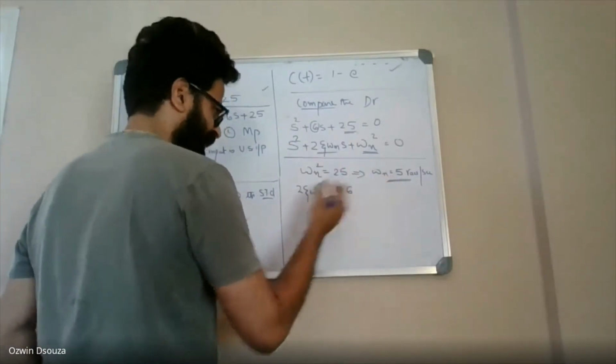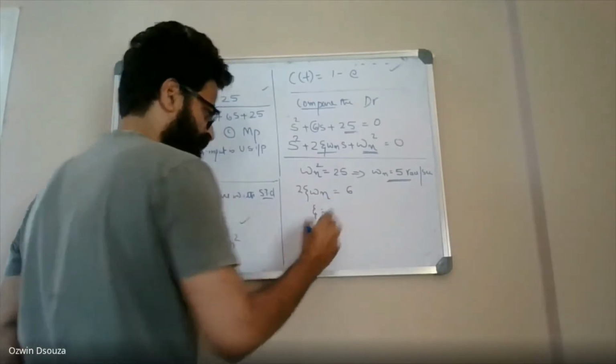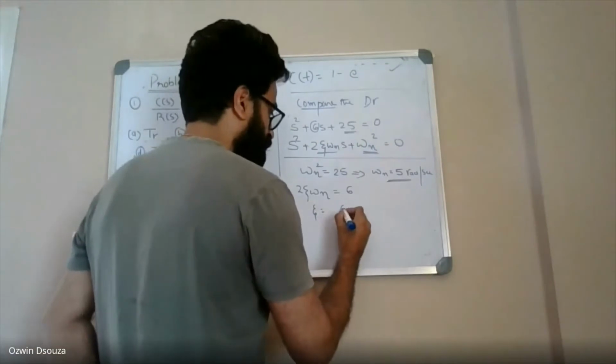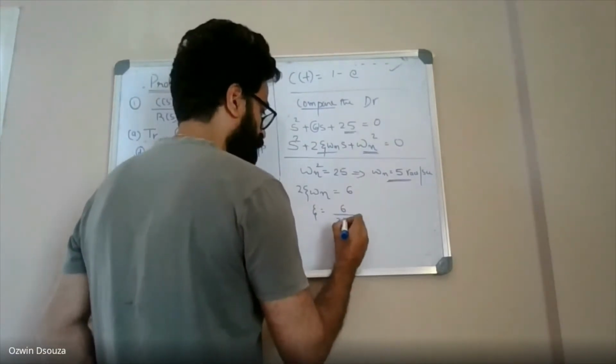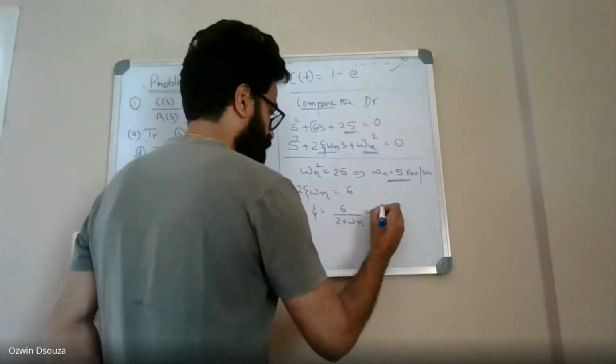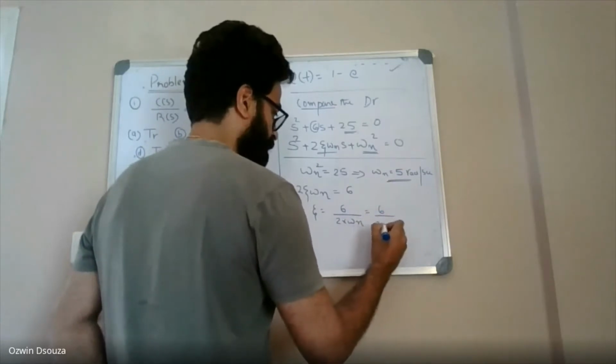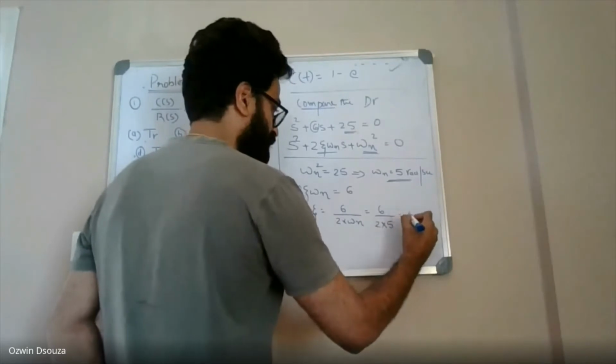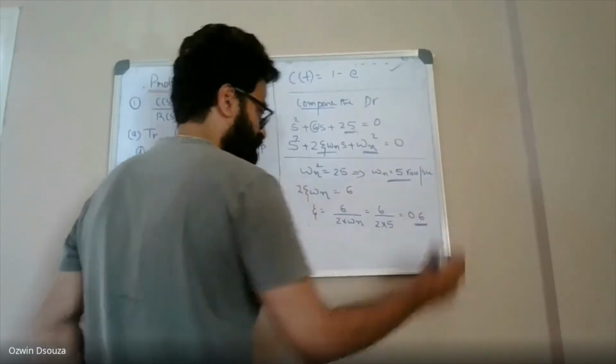Since omega n is known to you, you can find the damping ratio zeta. Damping ratio zeta is equal to 6 divided by 2 into omega n. So it is 0.6.